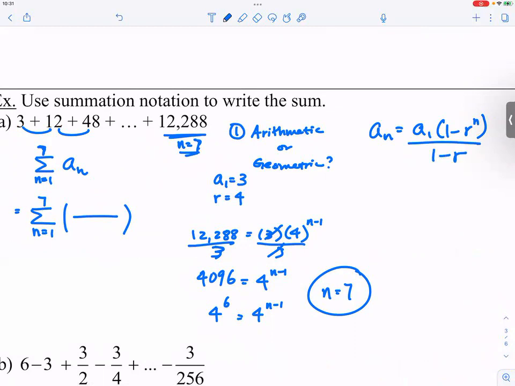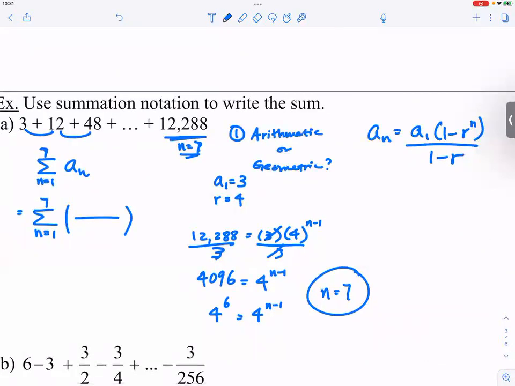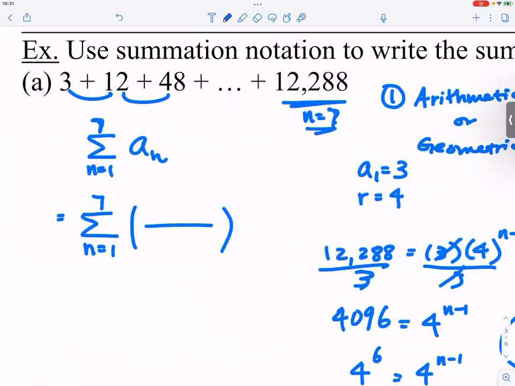So we have a1 is 3, 1 minus 4 to the 7th power, and 1 minus 4. I strongly suggest you use parentheses to substitute your r value, because it is quite possible that some r values could be a fraction or a negative number. So having a little habit of using parentheses would be good. I think I forgot to write another parentheses over here.